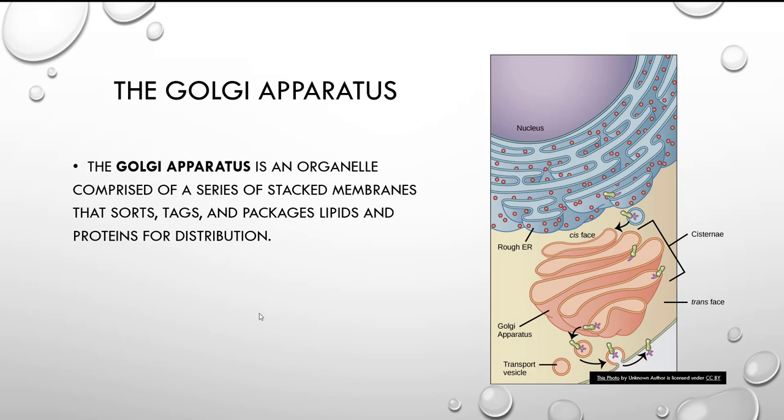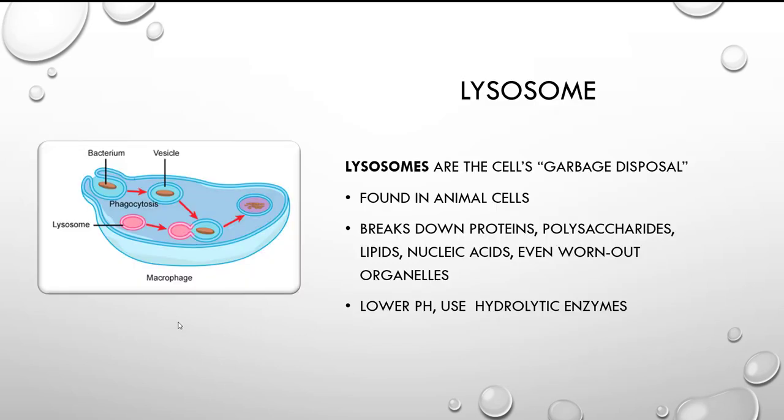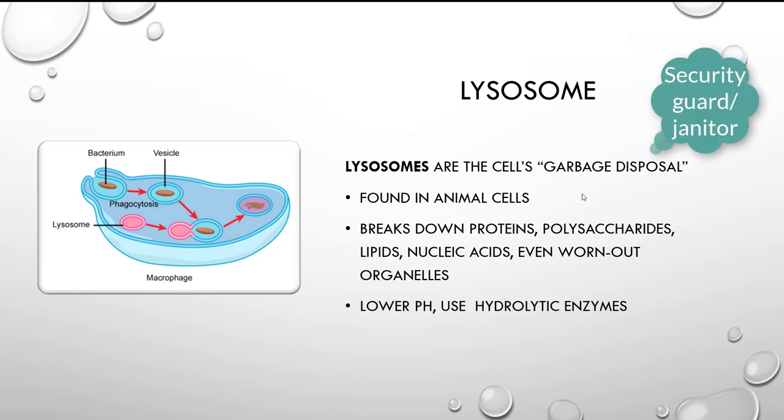And then we have other components, such as the lysosomes. The lysosomes I like to think of as the security guard and janitor of the cell. Their job is to keep things organized and clean inside the factory. Okay, so imagine you're on the factory floor and something breaks down, and you've got to get rid of it.